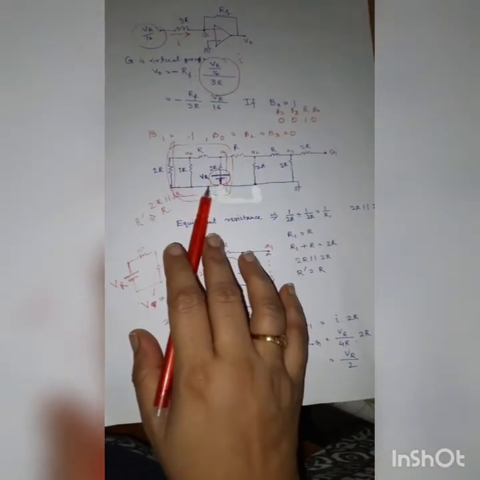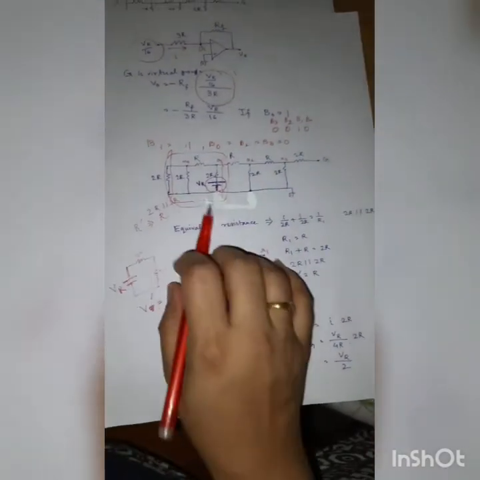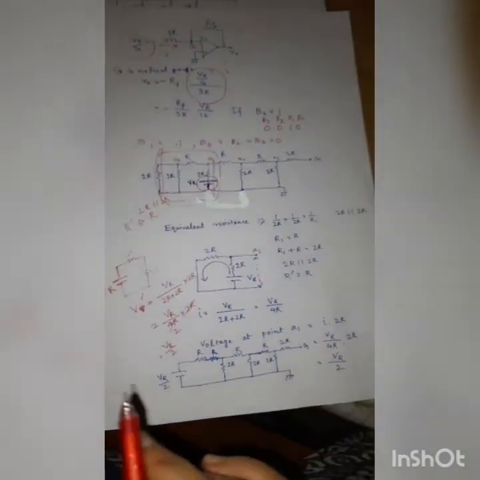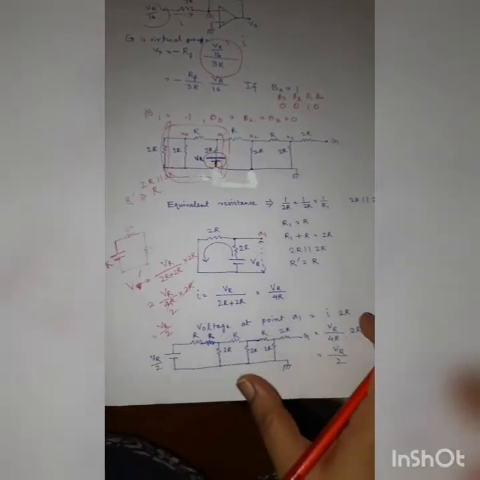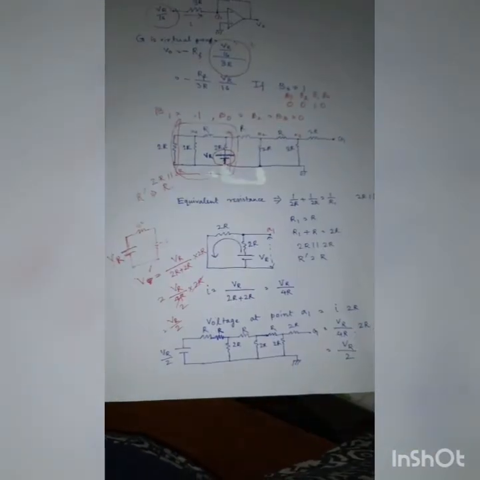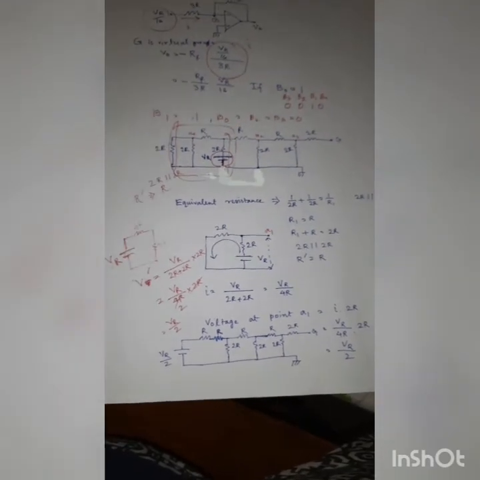So for the left part of VR, there is some resistance. And for that, the voltage from this point A1 will not be VR. It will be some other value due to this resistance. So what will that be? For this circuit, we need to calculate the equivalent resistance as well as the equivalent voltage.